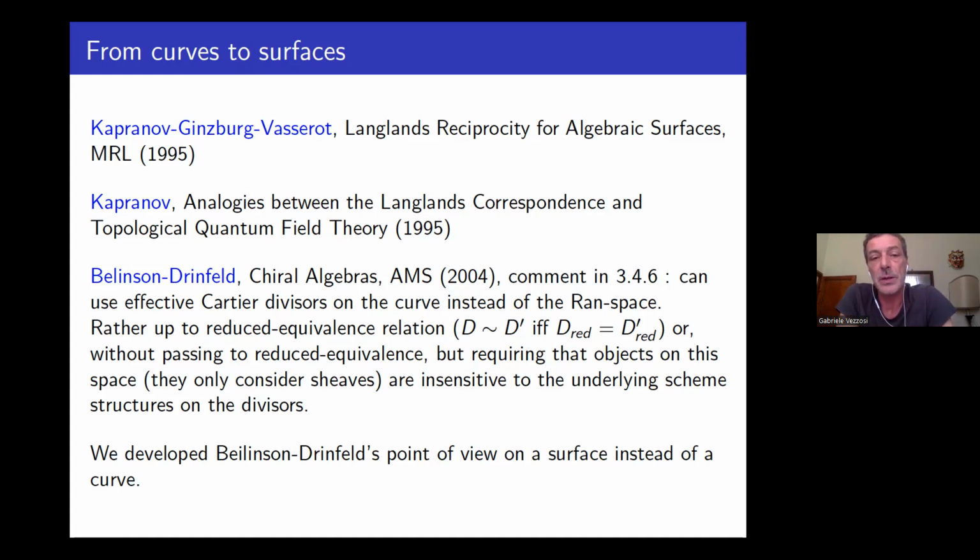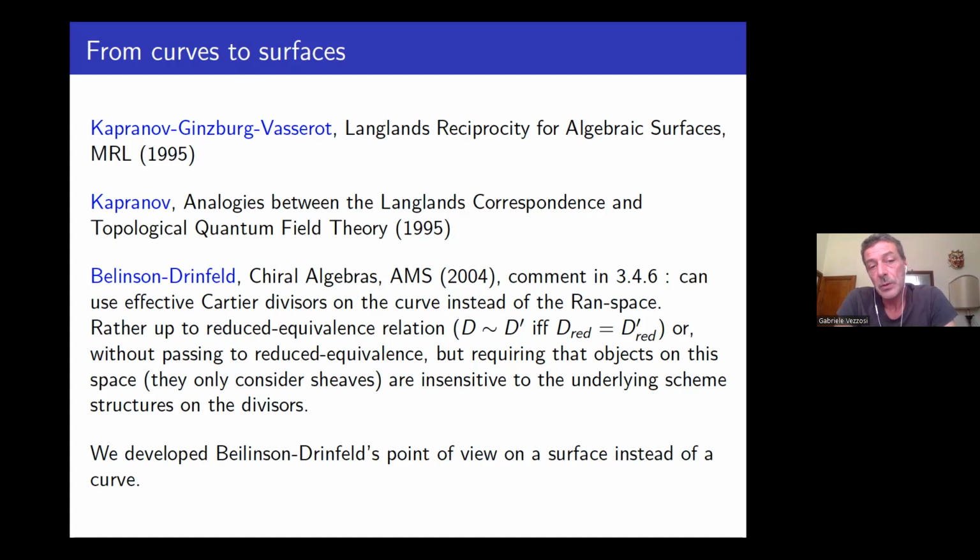I guess there was a first version and a second version. The published version is where you consider the Cartier divisors up to this reduced equivalence relation, which is written there. We say that D and D prime are equivalent if they have the same underlying closed space.